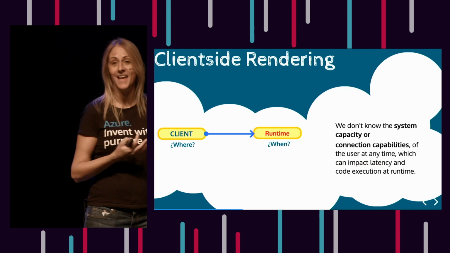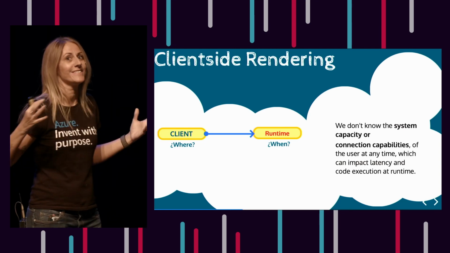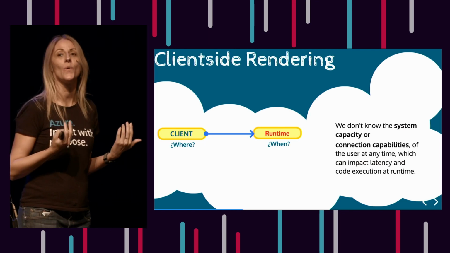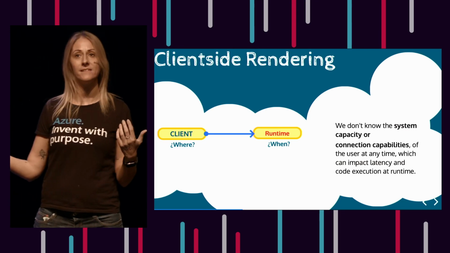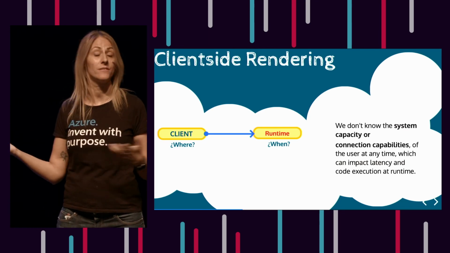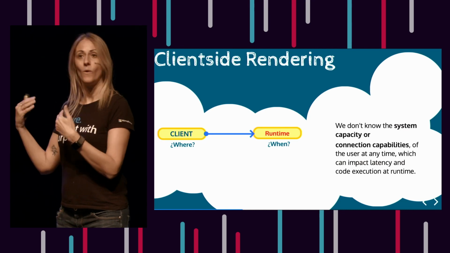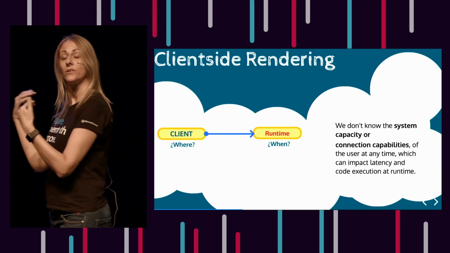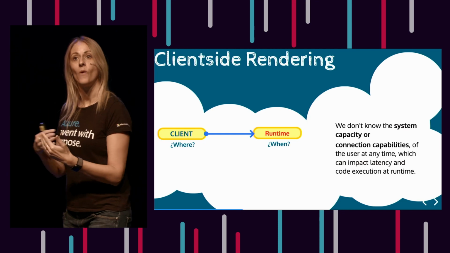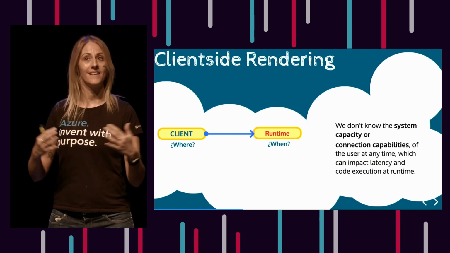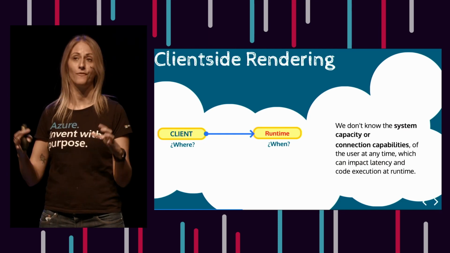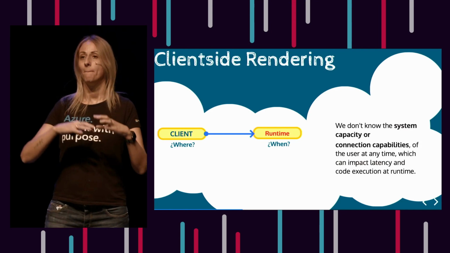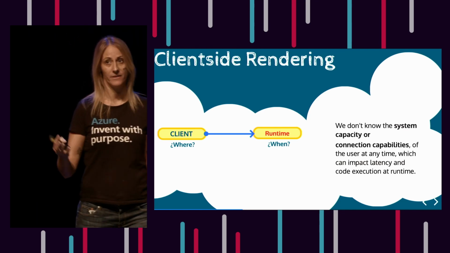But client-side is very uncharted territory, because we don't know exactly what the capacity of an end-user machine is, or what browser they're using, or what their connection speed is. And the performance of whatever is happening client-side is affected by all those parameters that we cannot control, right?